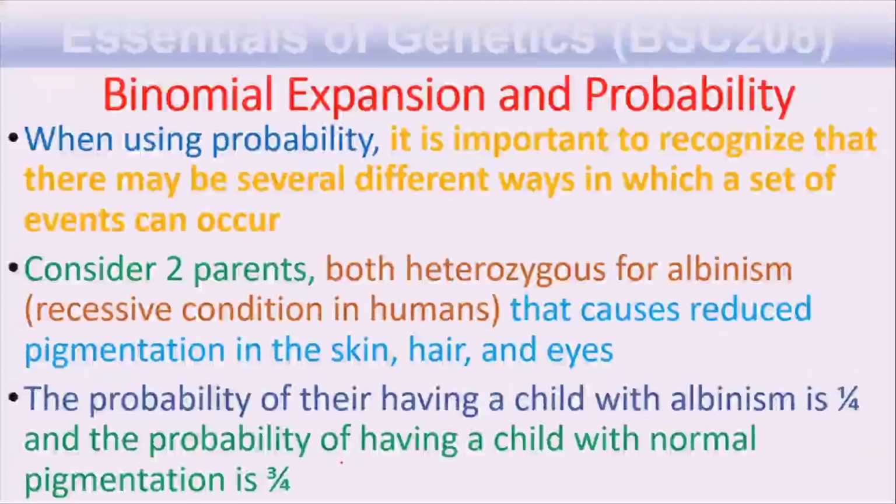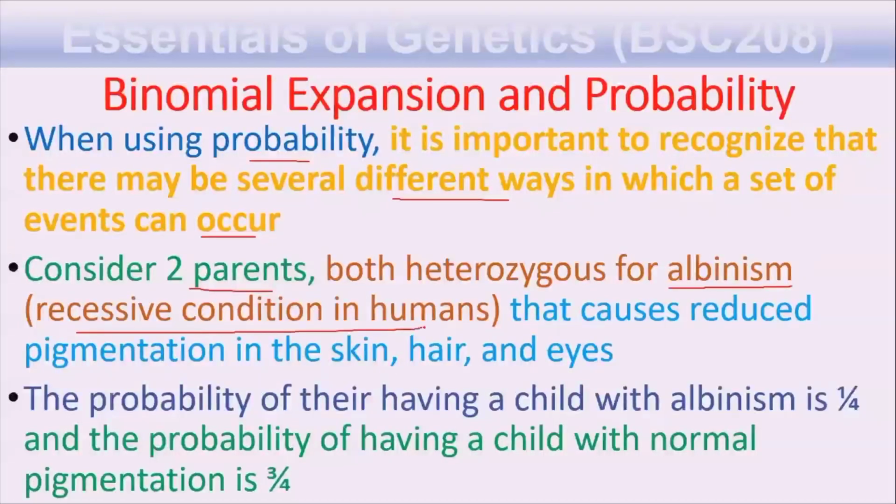So next is the binomial expansion and probability. When using probability, it is important to recognize that there may be several different ways in which a set of events can occur. For example, consider two parents both heterozygous for albinism. Albinism is a recessive condition.